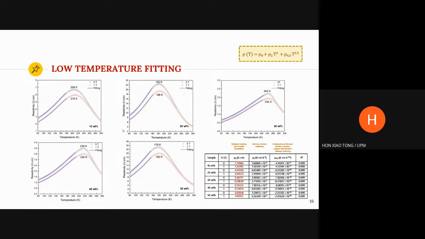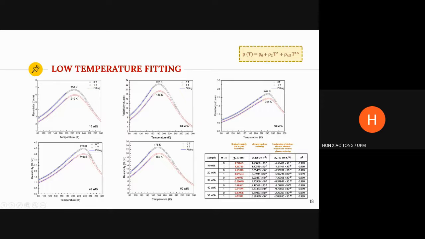And then by doing the low temperature fitting, we use our raw data to fit with the theoretical model, with the formula here, which is rho T equals rho naught plus rho 2 T squared plus rho 4.5 T to the power of 4.5, and each of them represents a different interaction respectively, where rho naught is the residual resistivity due to grain boundaries, rho 2 is the electron scattering, while rho 4.5 is the combination of electron-magnon and electron-phonon scattering.